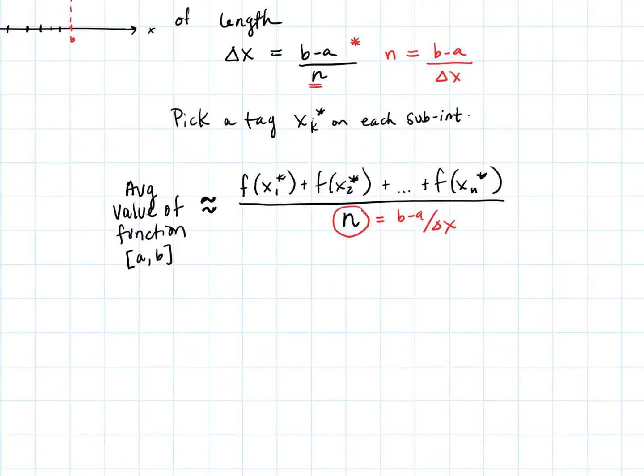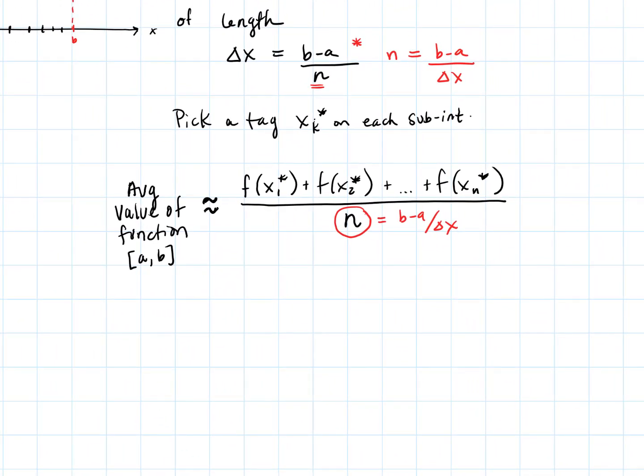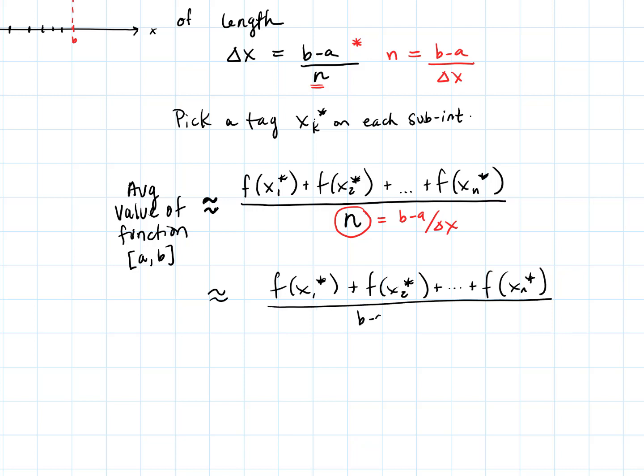And so this average value we could actually write as f of x1 star plus f of x2 star, all those function values on each subinterval, all over b minus a divided by delta x. But when we take b minus a divided by delta x, that's the same as multiplying by the reciprocal, so let's write our delta x up here.